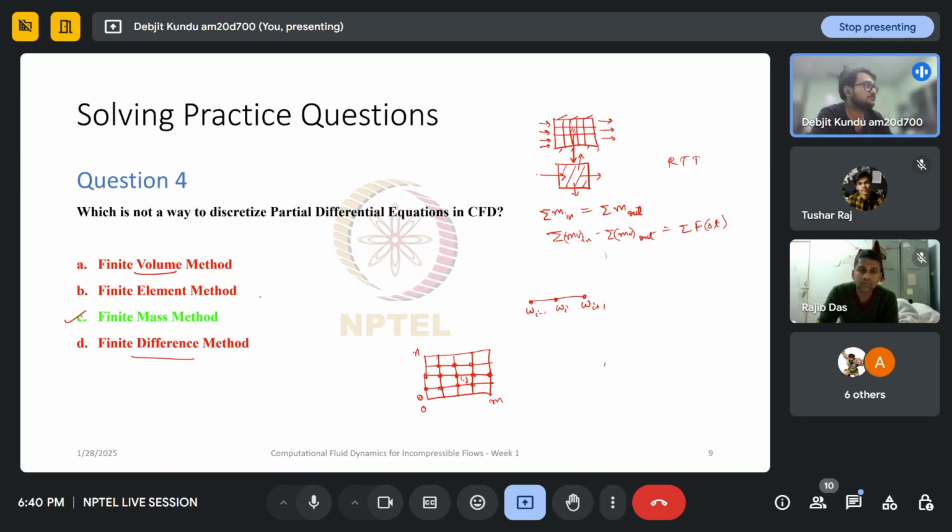And at each point, let's say we take this point, which is i, and I have a point on the left of it, which is i minus 1, and another one to the right of it, which is i plus 1. What finite difference method does is it discretizes. The word discretize means that if I have a continuous function, it makes it discrete.